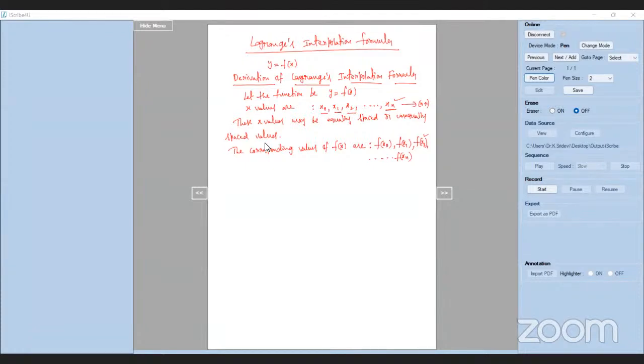Now we can assume that f of x is a polynomial in variable x of degree at most n.